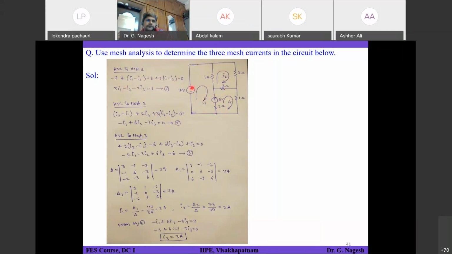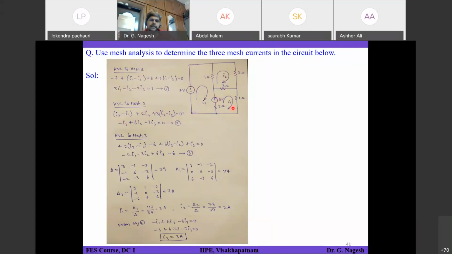For mesh 2, it will be I2 minus I1, because I2 is in this direction and I1 is from top to bottom. Whichever mesh you are considering, that current is considered as superior. So you start I2 as positive, I1 as negative: I2 minus I1 plus 2 into I2 plus 3 into I2 minus I3. That is your expression. If you solve that, you will get equation 2.